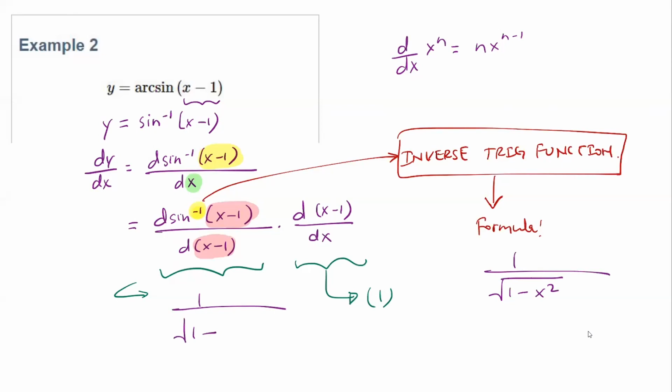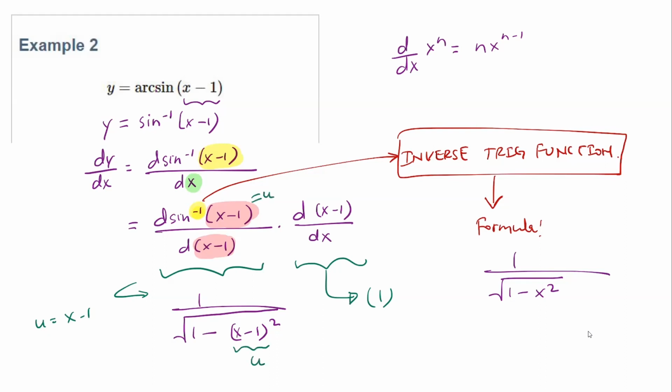Because we have x minus 1, I'm going to do x minus 1 squared. That's why I did u equals x minus 1 earlier, so that you could see the change of variable. Over here, this whole thing is u, right?